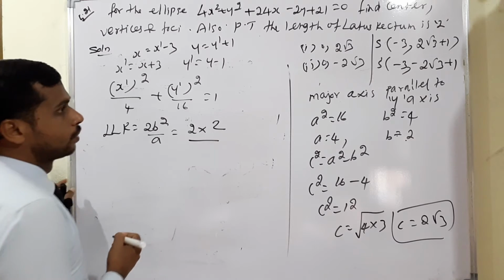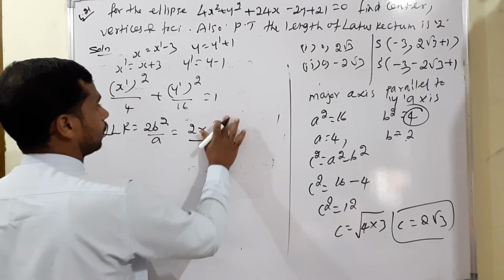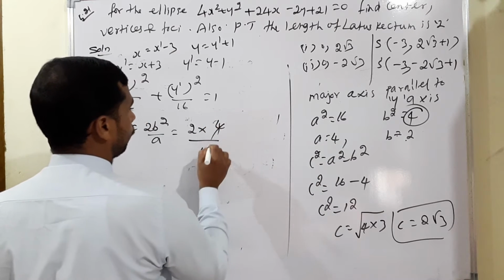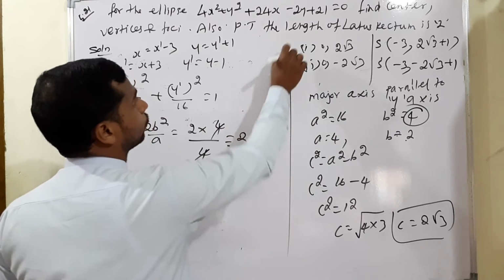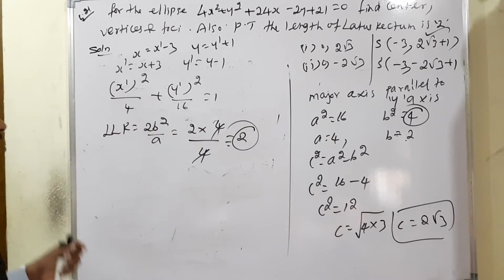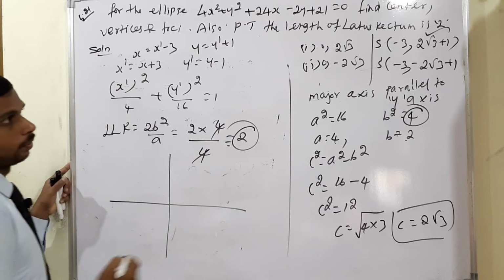So 2b square divided by a is equal to 4. So 4 cancels, this is what we have to prove, the length of the latus rectum. Hence proved.